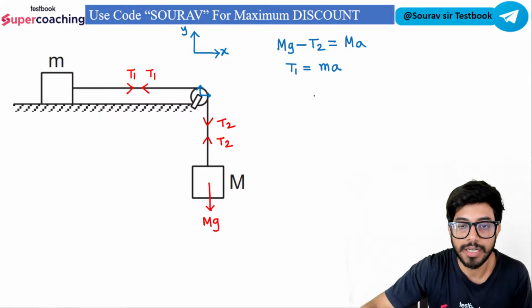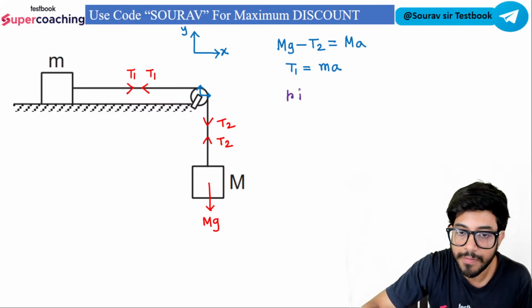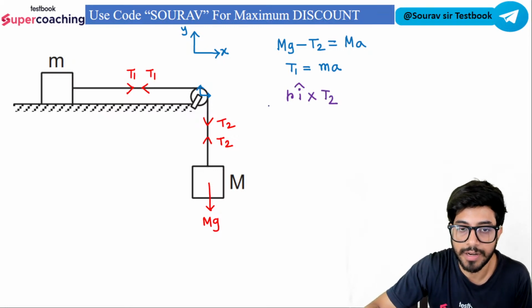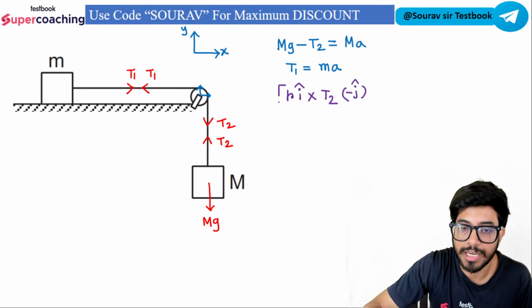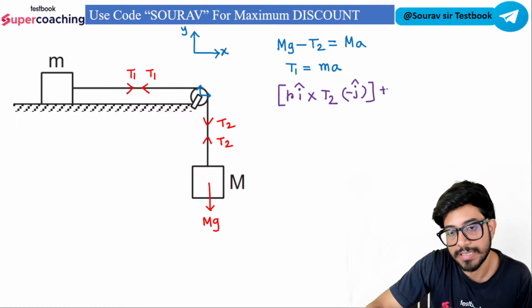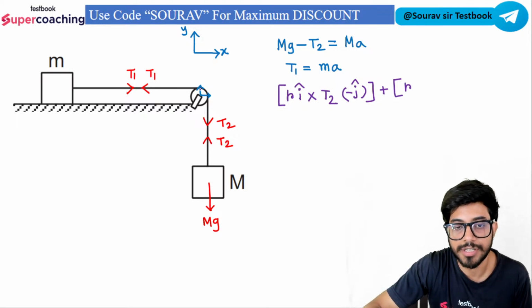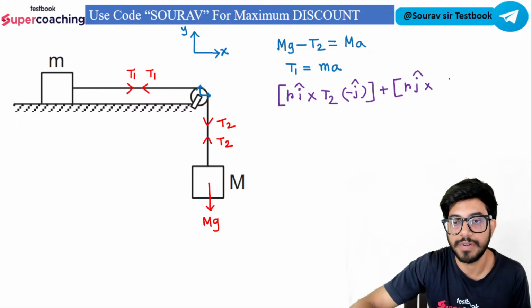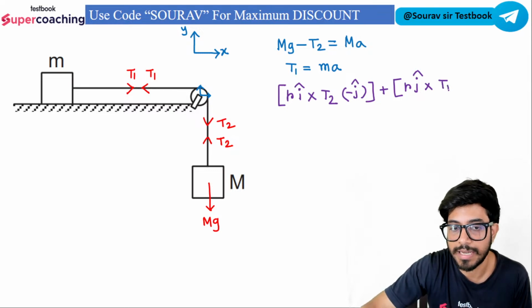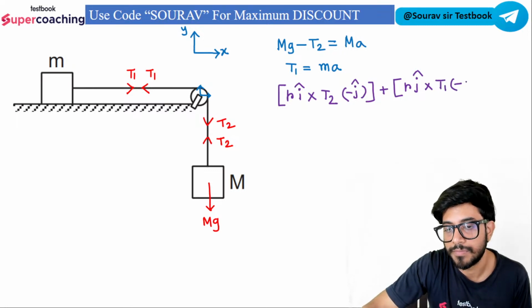For this R cross F, R I cap cross T2, which is in the downward direction, so minus J cap. T2 minus J cap is one torque, plus there is another torque, R in the upward direction, so J cap cross T1, which is acting along minus X cap, so T1 minus I cap.